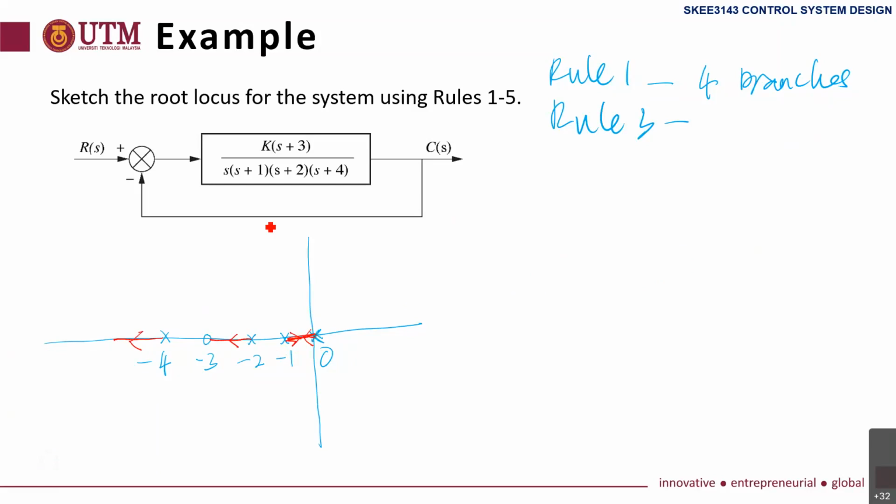And we normally write K equals 0. Remember that root locus shows the poles when K moves from 0 to infinity. It will start from the pole, and end at the zero.